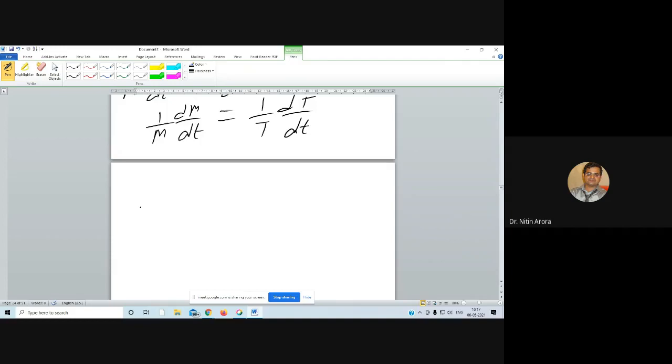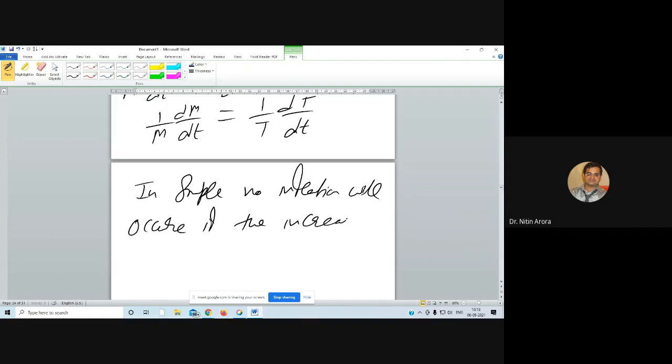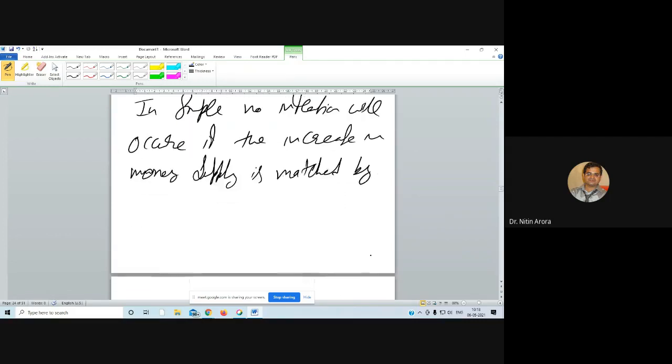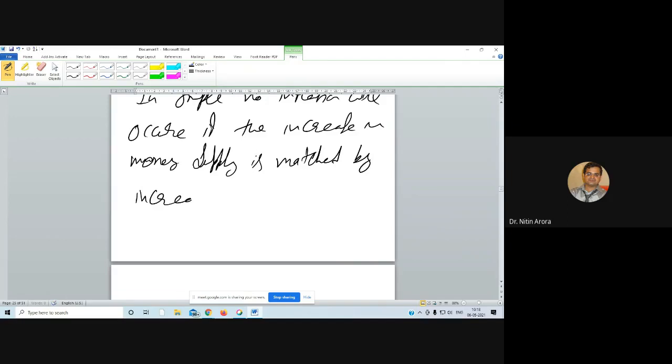What does it mean? It means, in simple terms, no inflation will occur if the increase in money supply is matched by an increase in the level of output or goods by the same proportion.